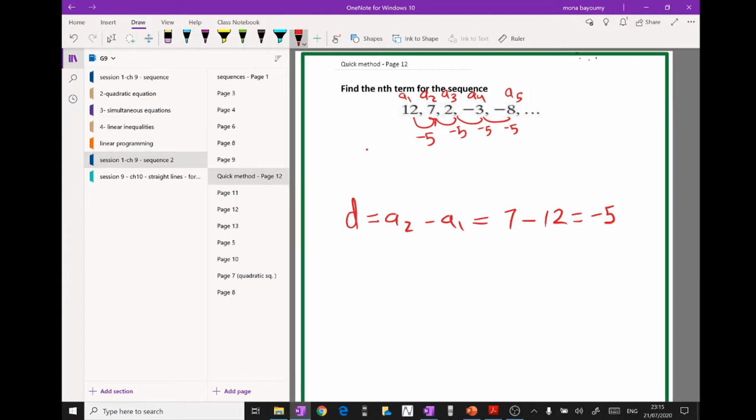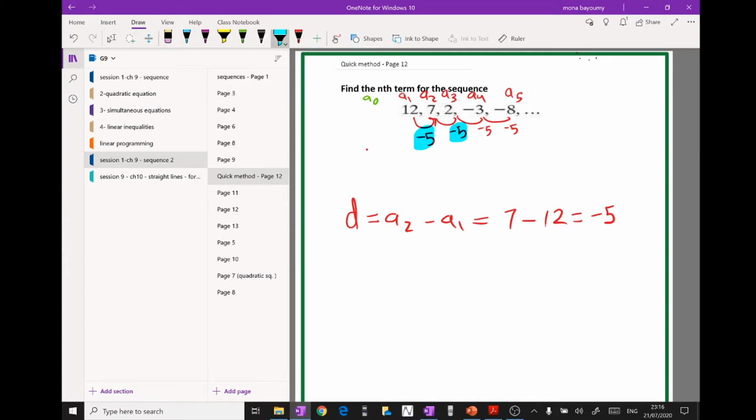Now we have to know that we have a zero term. What is the zero term? The zero term we can put before 12. Here, zero term, A0. How can we find A0? To find the zero term, you have to inverse the operation for the common difference. In the common difference, we subtract 5 each time. 12 minus 5 is 7, 7 minus 5 is 2, 2 minus 5 is negative 3, negative 3 minus 5 is negative 8.